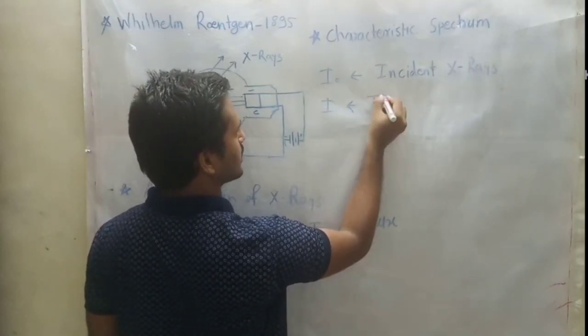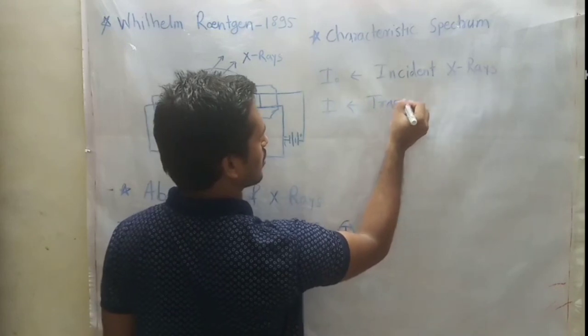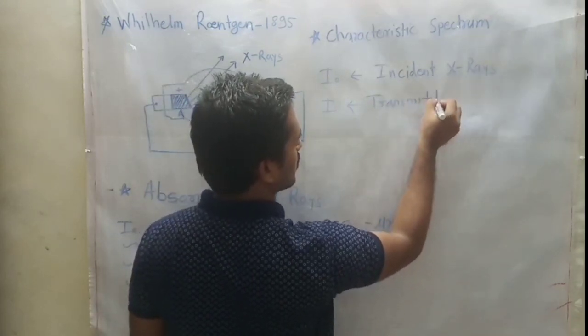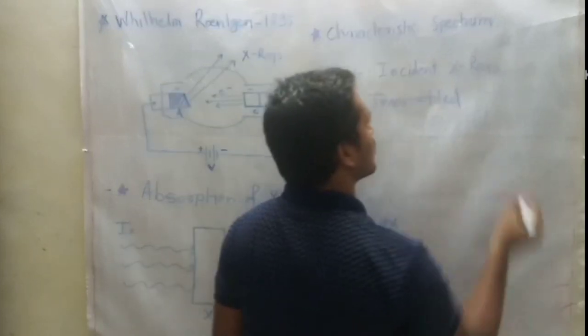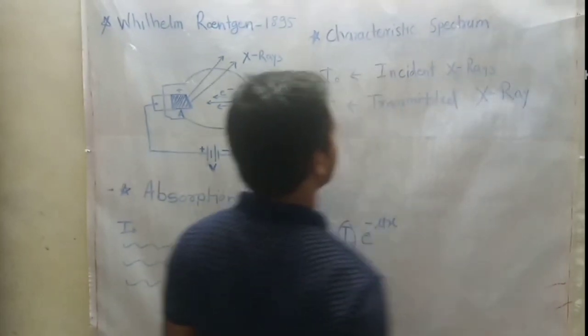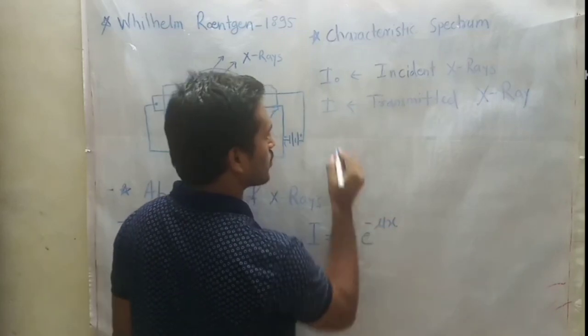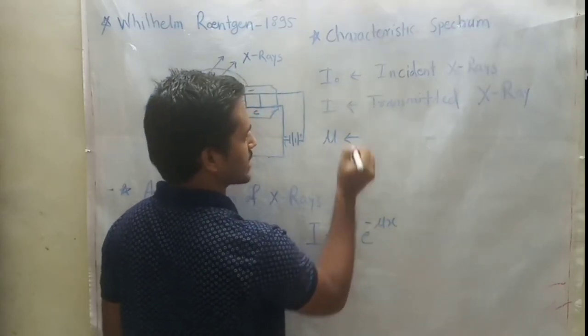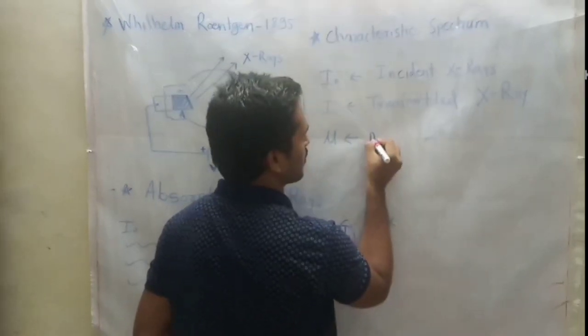I is the transmitted X-ray intensity. Mu is the mass absorption coefficient.